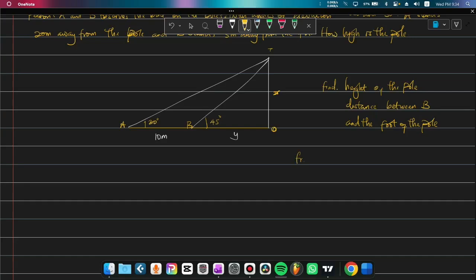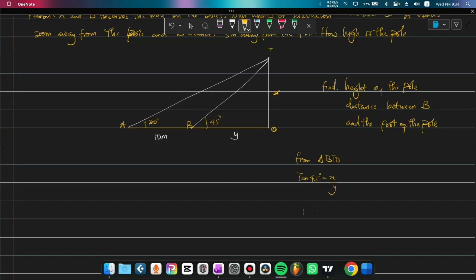Watch this. From triangle BTO, I am looking for x and y, opposite and adjacent. I'm going to use tan 45 equals x over y. What is tan 45 again? 1.